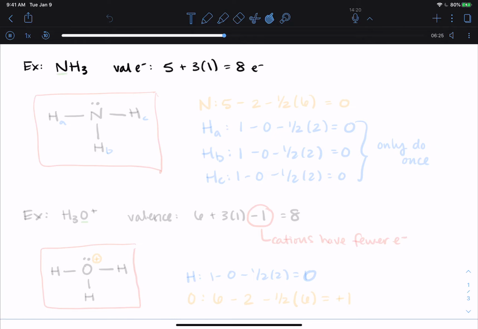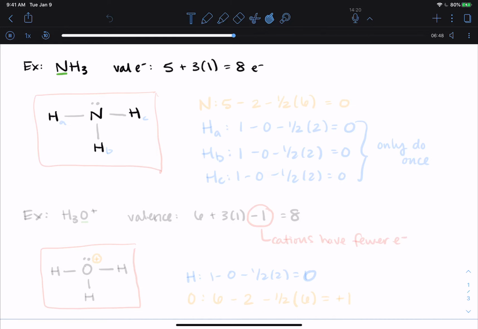Nitrogen is listed first. So this is my central atom. So establishing connectivity, it's nitrogen in the middle and then 3 hydrogens attached to it. So we'll usually just kind of write nitrogen and then write the hydrogens around it.